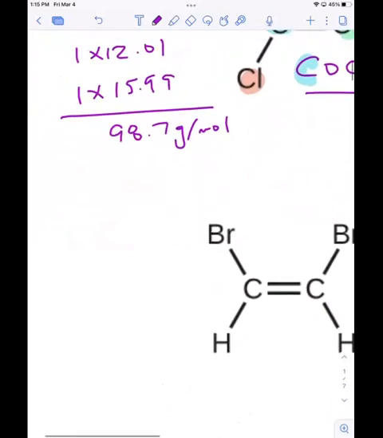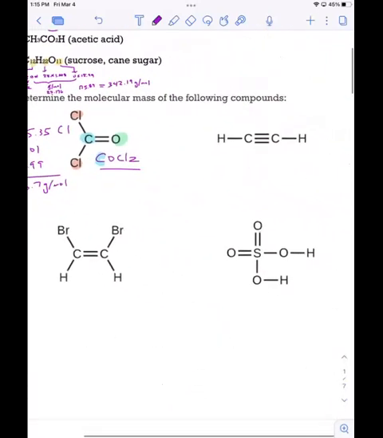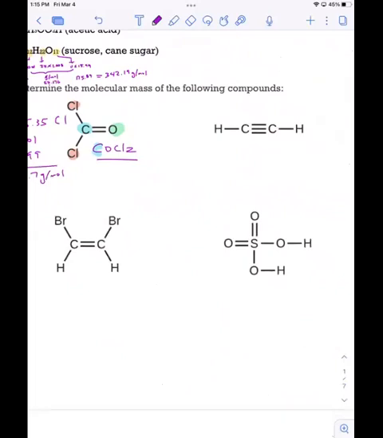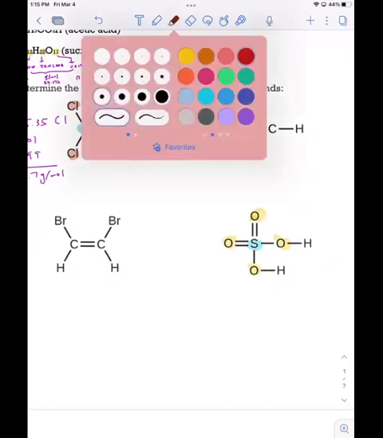All right, let's do one more because I think you have the hang of this. All you need to do is be able to read the periodic table and find the masses, and then make sure you've got the correct number of atoms times that mass. All right, and that's the way we'll handle this. So this is 1 sulfur and 4 oxygens, sorry, and then 2 hydrogens.